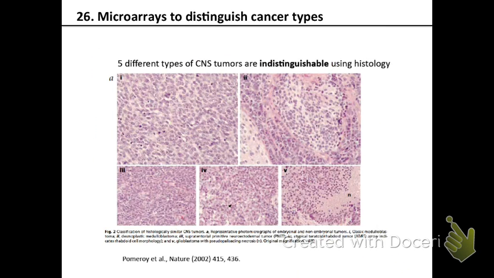All right. Microarrays can be used when other techniques are not very good in diagnosing what kind of cancer a person might have. So for a lot of doctors, one of the ways in which you could tell what kind of cancer a person has is you take out the tissue, you send it to a histology lab, and then they look at these tissues and they tell you, okay, these are central nervous system tumors.